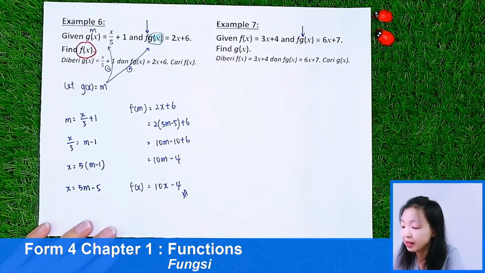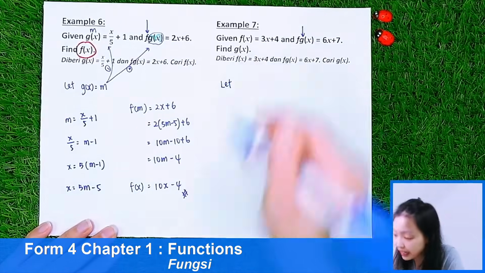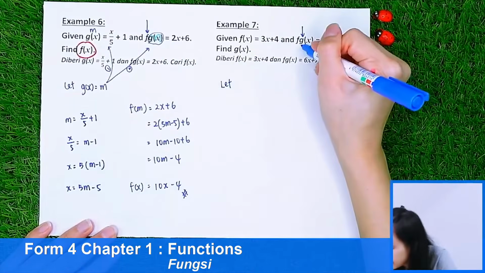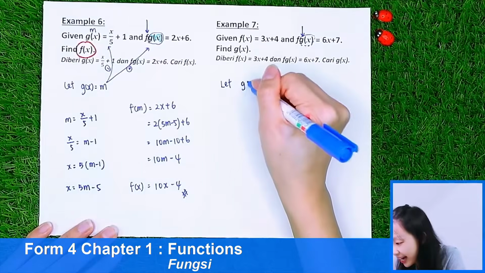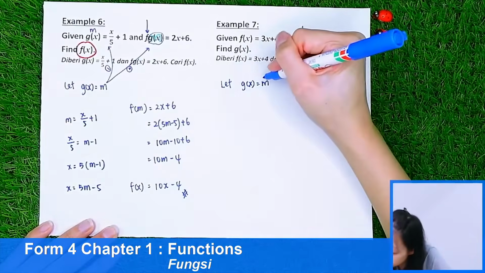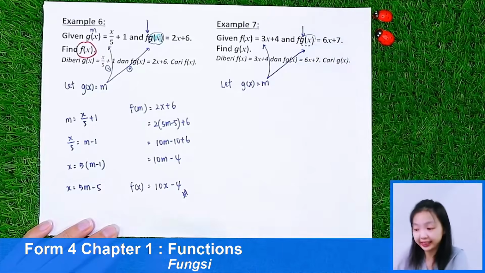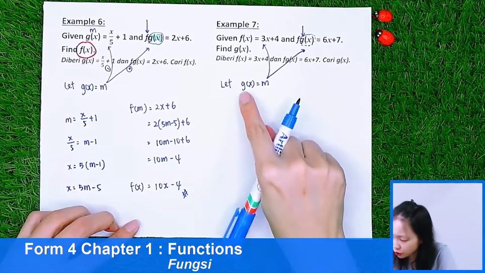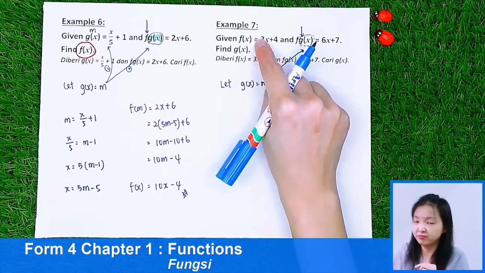Okay, now the first step here is still the same. I want to go and see which one is the inside one. Oh, still the g(x). So still the same. g(x) is equals to m. So now I want to put it inside here. You see it's the same. But you see, g(x), f(x) can be substituted here?